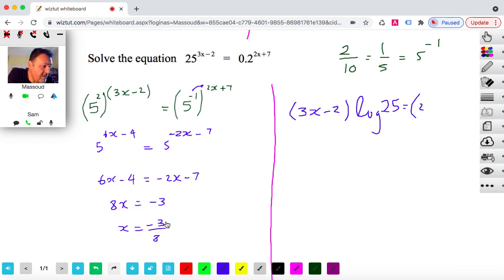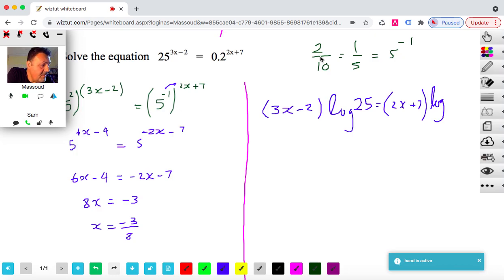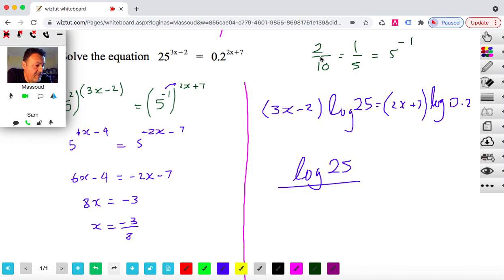2x plus 7 and log of 0.2. And as it happens, if we bring the log 25 to one side and divide by log 0.2, so if you do this on your calculator, log 25 divided by log 0.2, so I did that on my calculator, so I get a fraction.